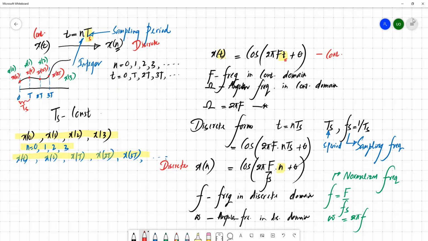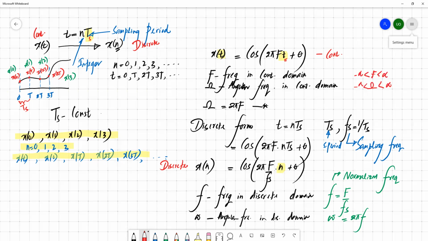Now, this frequency is basically between plus infinity and minus infinity. This omega is also between plus infinity and minus infinity. You can select whatever frequency in the continuous domain. It may be 0 hertz, 100 hertz, 1000 hertz, 1 kilohertz, 10 megahertz. Similarly, mathematically, we can define negative frequencies as well.